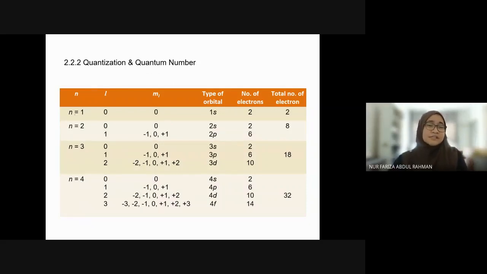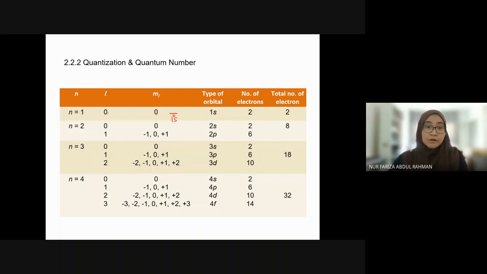If we start from the beginning, if N is equal to 1, then L should be 0, right? Then the ML for this L will be 0. So there is one orbital, and the type of orbital is what we call the 1s orbital. How do we know?